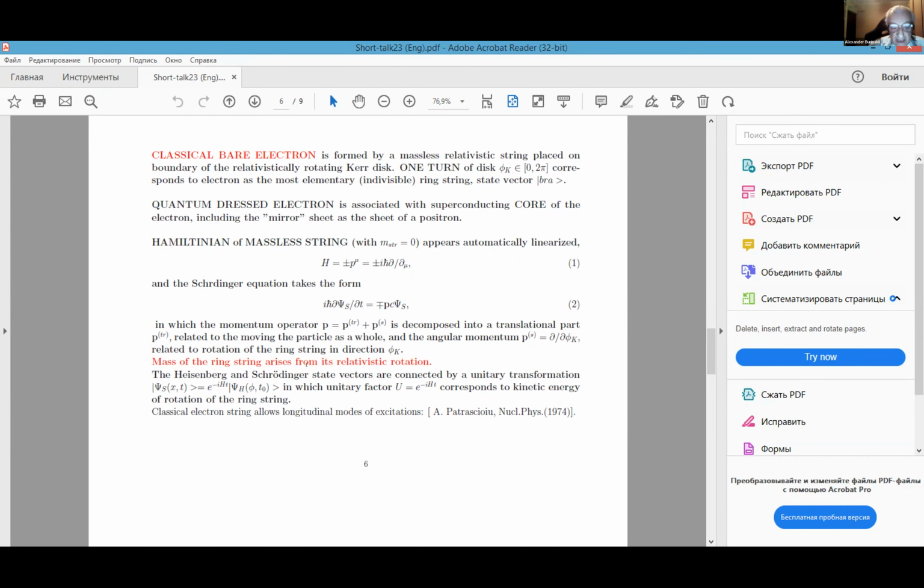The Heisenberg and Schrödinger state vectors are connected by a unitary transformation, in which the unitary factor corresponds to the kinetic energy of rotation of the string. The classical string acquires longitudinal excitations, which are allowed in the case of a non-critical string.